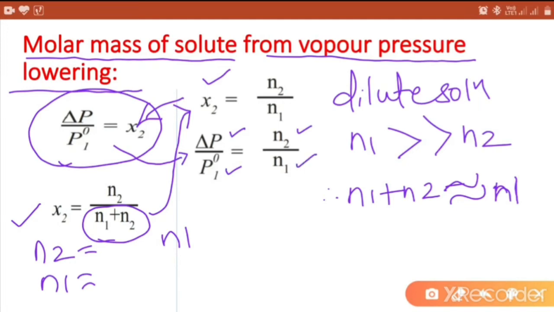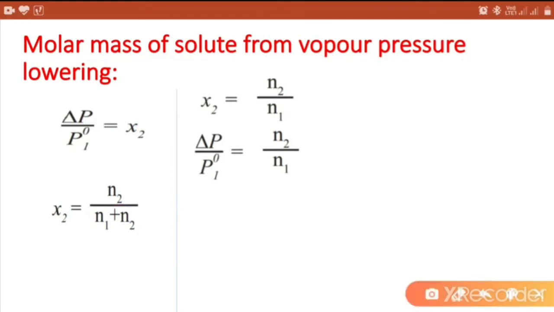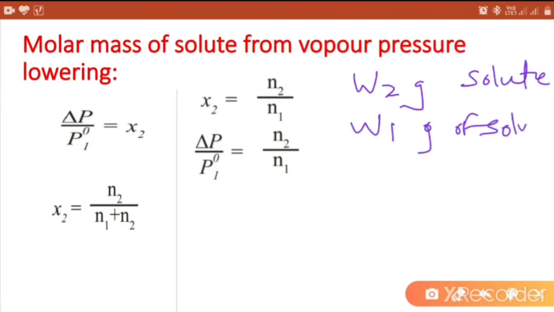And we prepare a solution by dissolving w2 gram of solute in w1 gram of solvent.